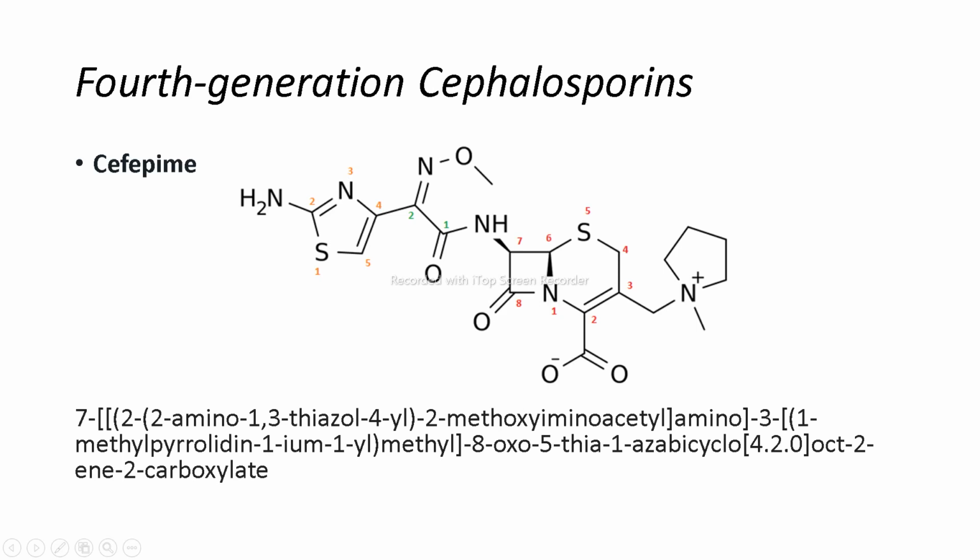Because we have to mention that the parent chain is attached at which position of the pyrrolidine? That is at the first position of the pyrrolidine. So pyrrolidinium 1YL, methyl 8-oxo 5-thia 1-aza bicyclo 4,2,0 oct 2 carboxylic acid. So this is all about the cefepime.